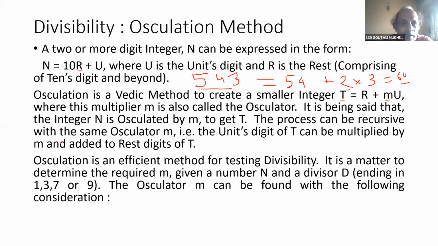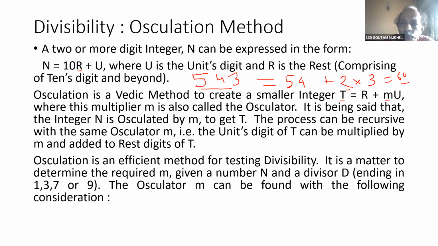It is being said that the integer n is oscillated by m to get the T. The process can be recursive with the same oscillator. I can again continue with the same procedure. If I get a multiple again, it is divided into a unit digit and rest digit. Again I multiply the unit digit and add it to the rest digit and so on.